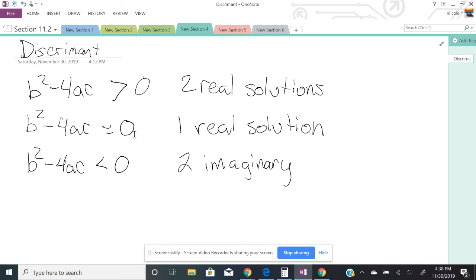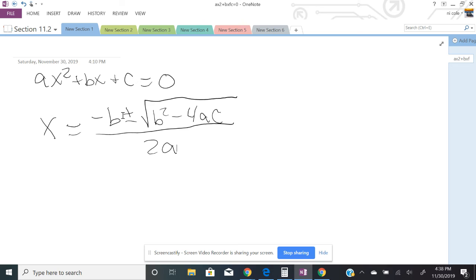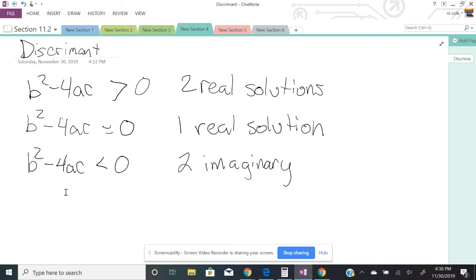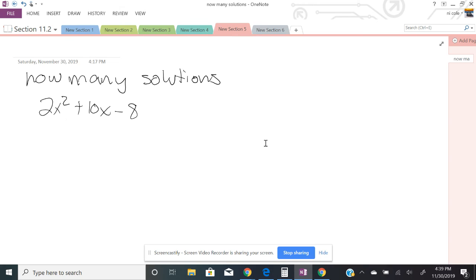If b squared minus 4ac is equal to 0, you have negative b plus or minus 0, which just leaves negative b over 2a, so you get 1 real solution. If b squared minus 4ac is less than 0, you get 2 imaginary answers, or what they call complex. They are solutions, but they have i's in them, and a lot of our electronics are represented by those i's.